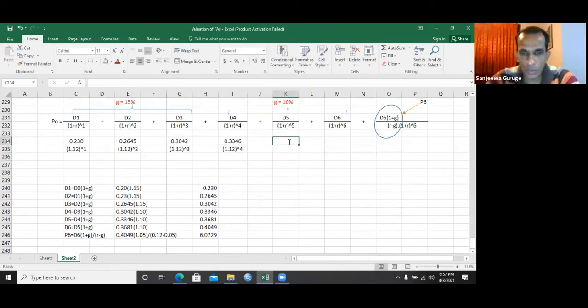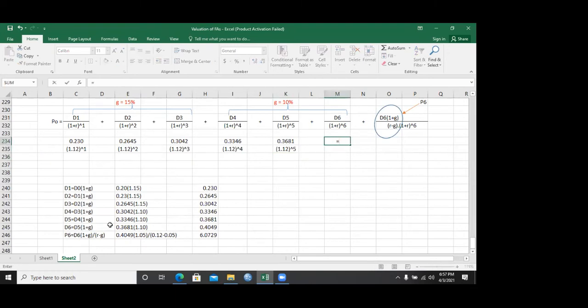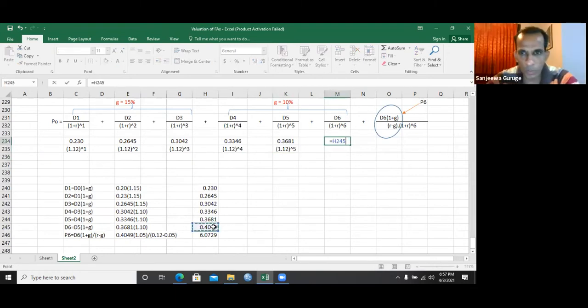And D5 should be divided by 1.12 to the power 5. And D6, that is 0.4049, should be divided by 1.12 to the power 6.